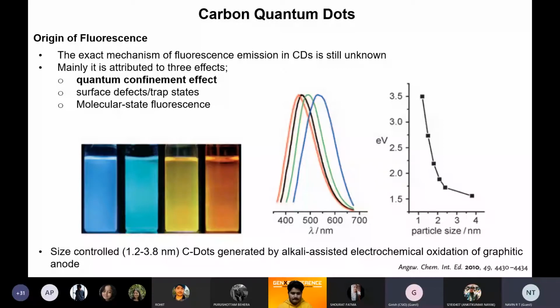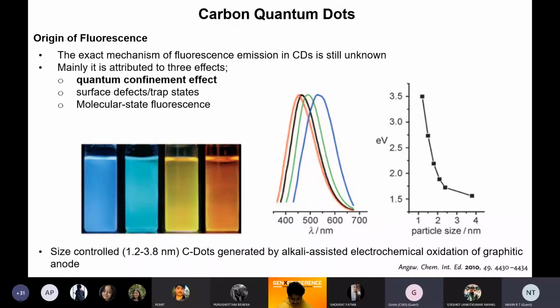That solution, when they studied, showed fluorescence. The carbon dot was produced, and based on the current that they were passing through the anodic tip, they could control the size of the carbon dots from 1.2 to 3.8 nanometer, and they could see that when the size is changing, the fluorescence emission is also changing.